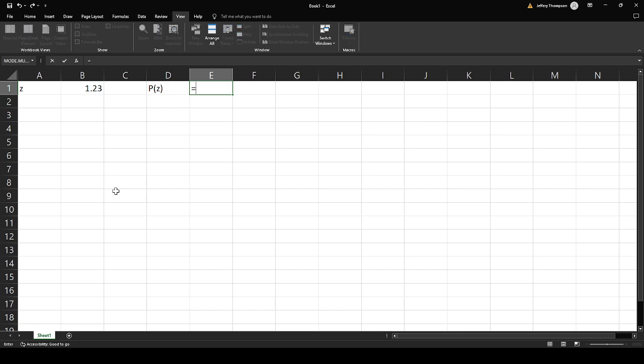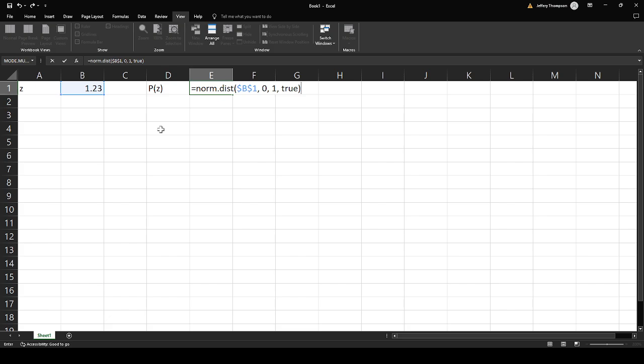Now, the command within Excel to do this is norm.dist. So the normal distribution. And notice it's going to ask for the x value, which in our case is going to be z for right now. So I'm going to put in B1. Now my mean for a standard normal is 0 and the standard deviation is 1. And for all of these, it is cumulative, so we'll put true.